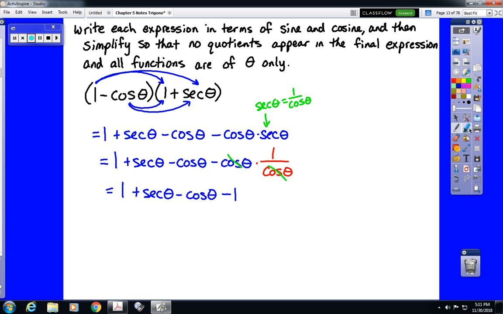Well, I don't know about you, but I'm fairly certain that I know what 1 minus 1 is. That's right, those would cancel, leaving me with secant minus cosine. And I can't really make that better, unfortunately.